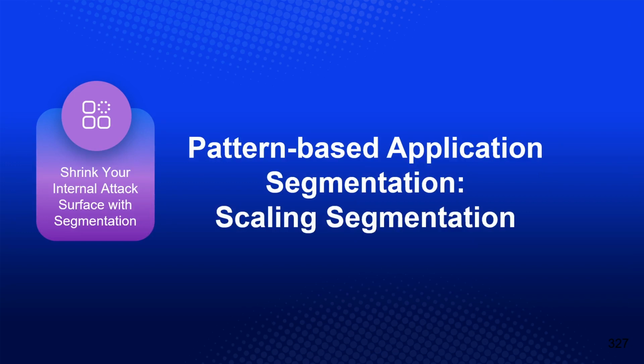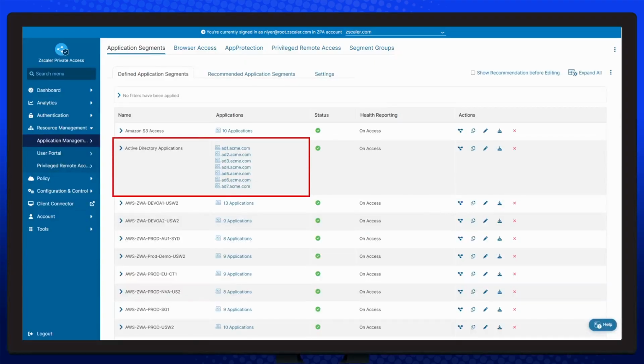To make your segmentation journey even easier, we are introducing pattern-based application segmentation. Beyond the broader segmentation framework, where a lot of customers start with a star.star policy, they have to define segmentation policies one by application name. You might have 7 Active Directory servers. You might be adding 7 more in the future.